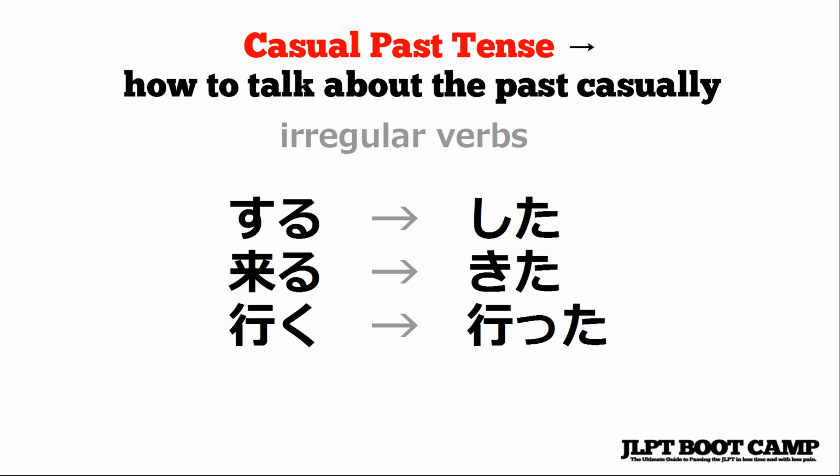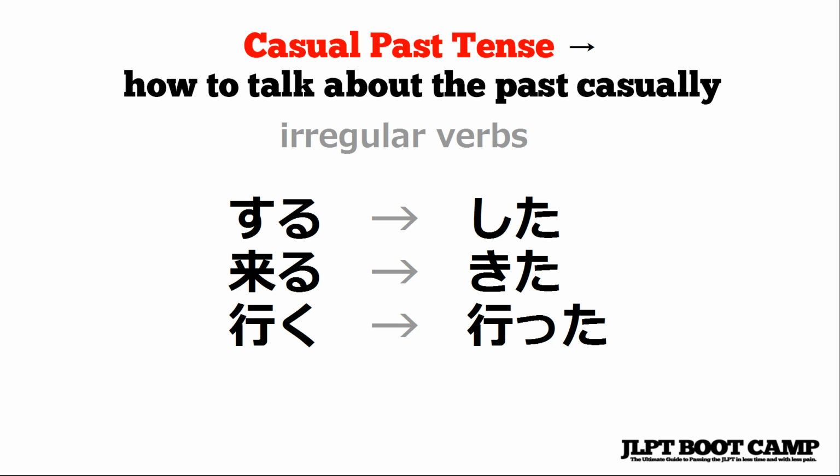Normally, if you can remember, a verb ending with ku has ita. So if you weren't really paying attention, you might conjugate this as ita, like a long e sound. But it's actually itta with a short pause there. So just a heads up for iku.